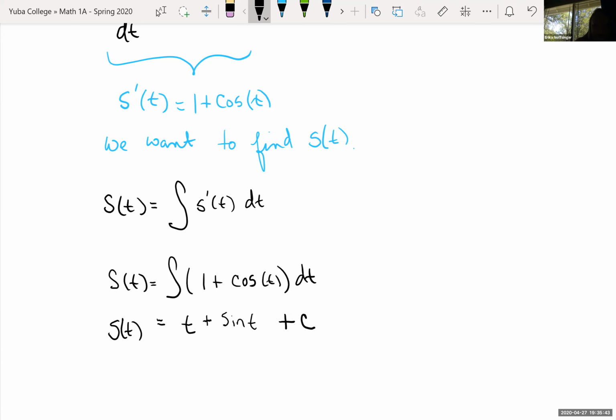Because this is an initial value problem, we're given enough information to figure out what c is. We were given that s of 0 was 4.